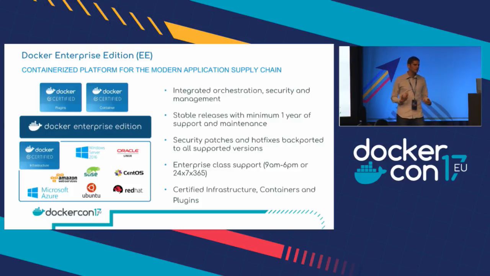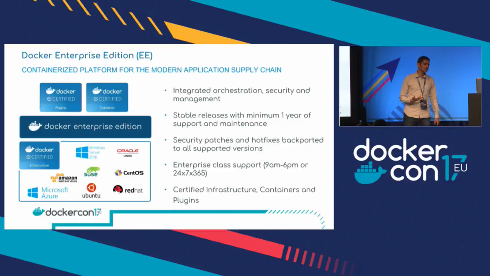And then again, in addition to the features in the platform, we have Docker-certified infrastructure, containers, and plugins. Docker-certified infrastructure are things like the OSs that we run on top of, including RHEL, Oracle Linux, SUSE, Ubuntu, CentOS, and recently Windows Server 2016. And also the certified clouds we run on top of. We have additions for Azure and AWS with more on the way.